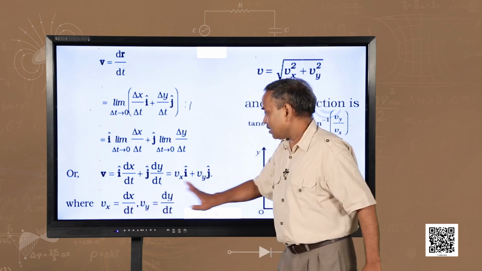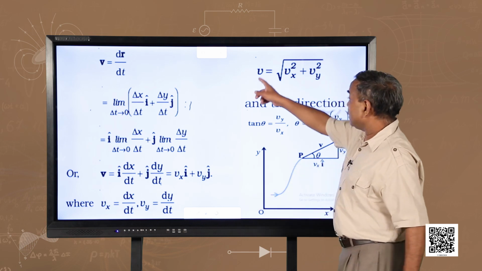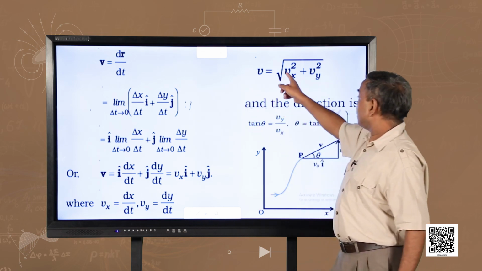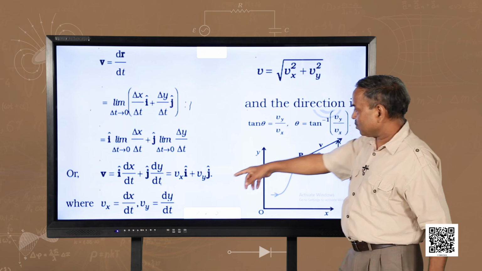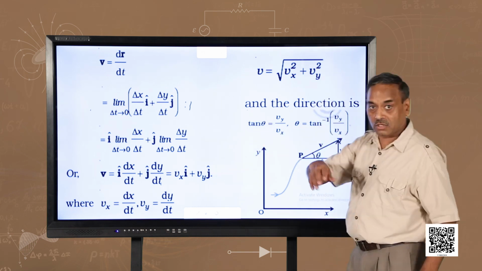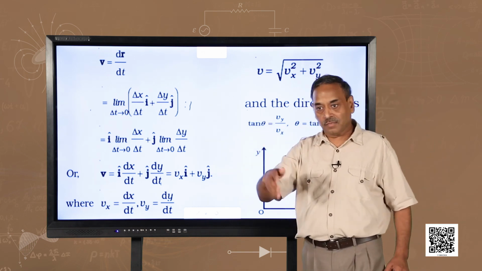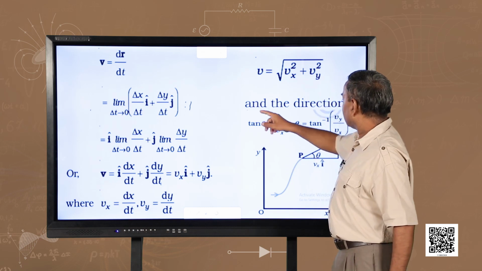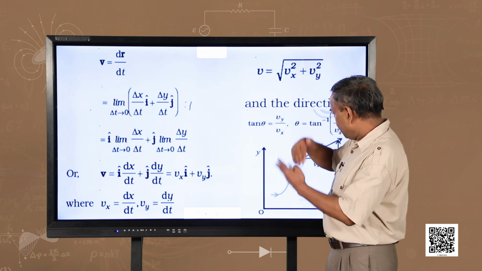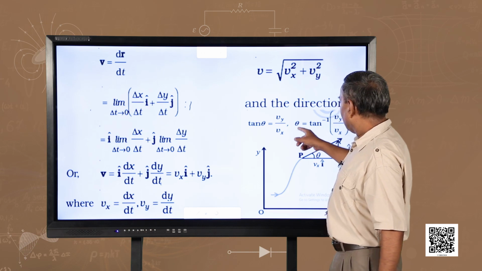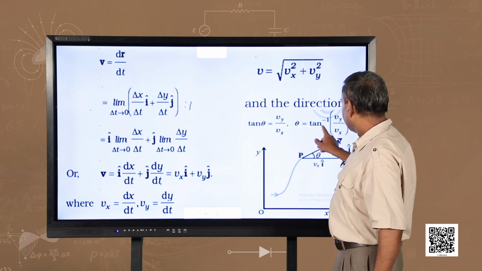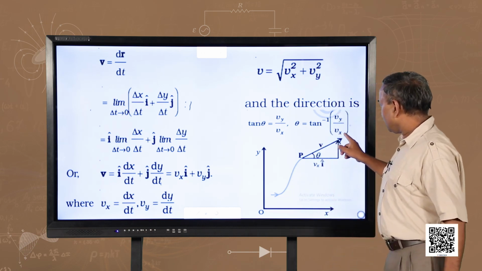Here v x and v y are the simpler values, and the magnitude of this velocity is given as the square root of v x square plus v y square. You can do it very simply with the simple logic which I have already explained. The direction you can get by tan theta equal to v y by v x, and therefore, the direction theta is tan inverse of v y by v x.